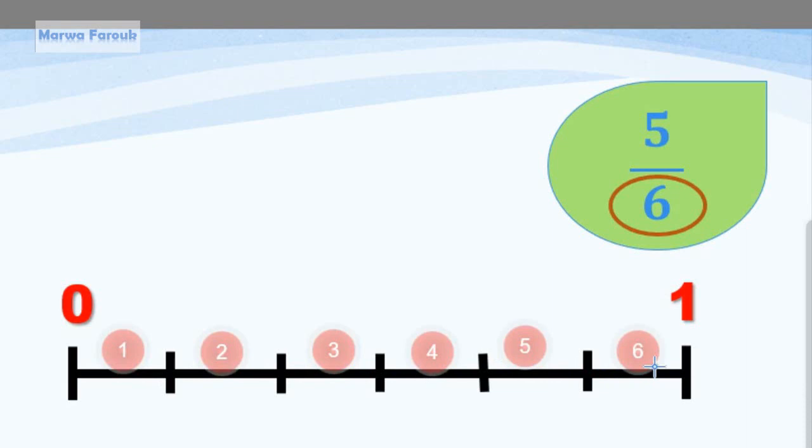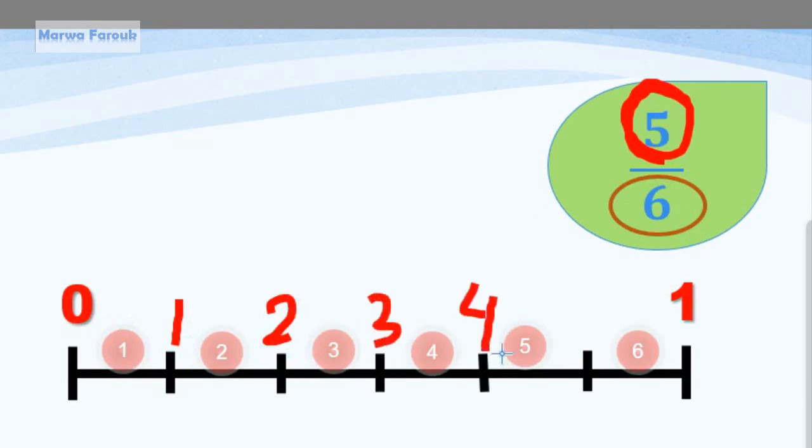Let's move to step 2. We will look to the numerator. It's 5. So we will start from 0 and count 5. 0, 1, 2, 3, 4, and 5. Here we have 5, so our fraction will be here.